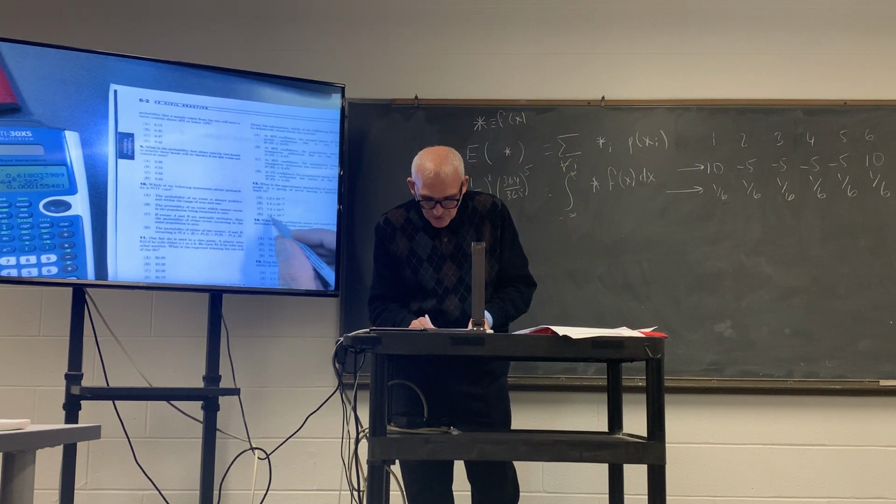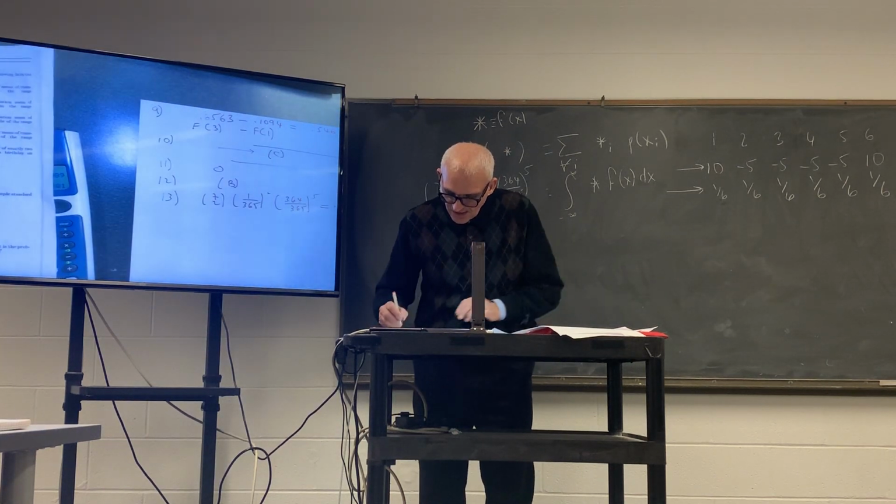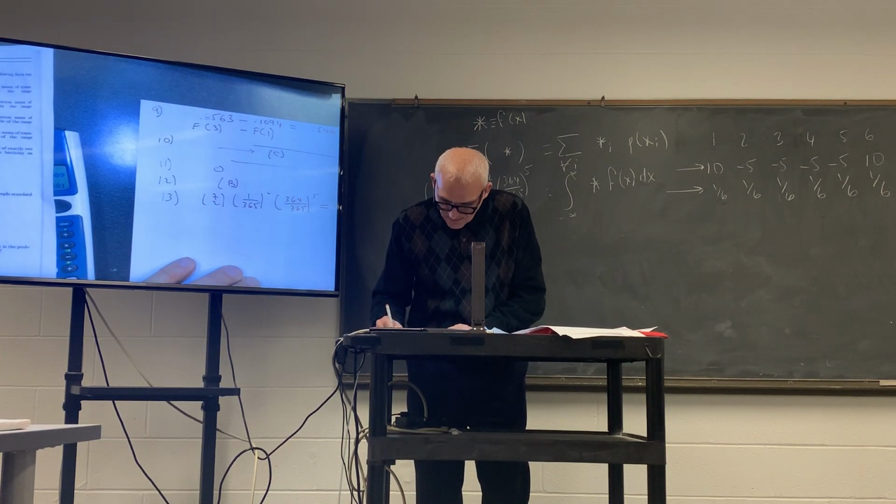So D is 1.6 times 10 to the negative 4. That's D.